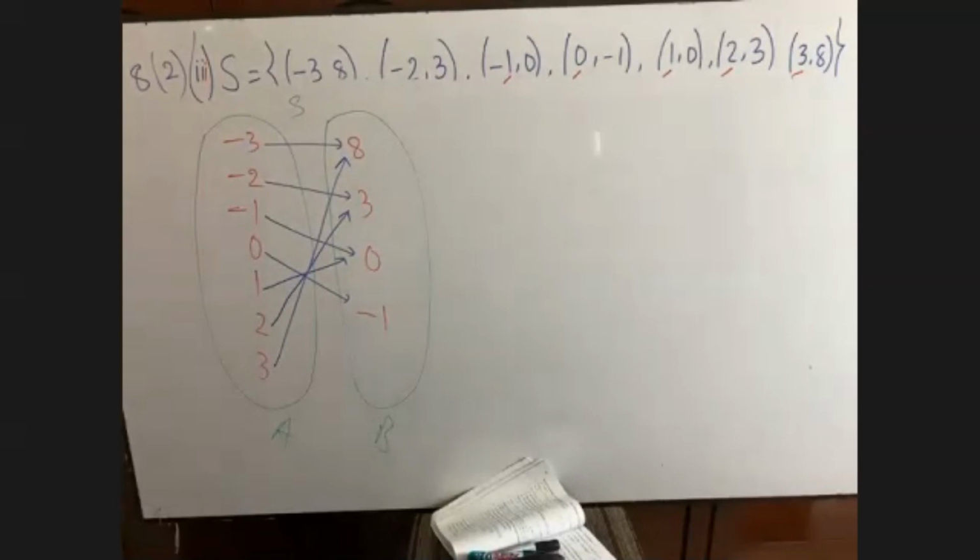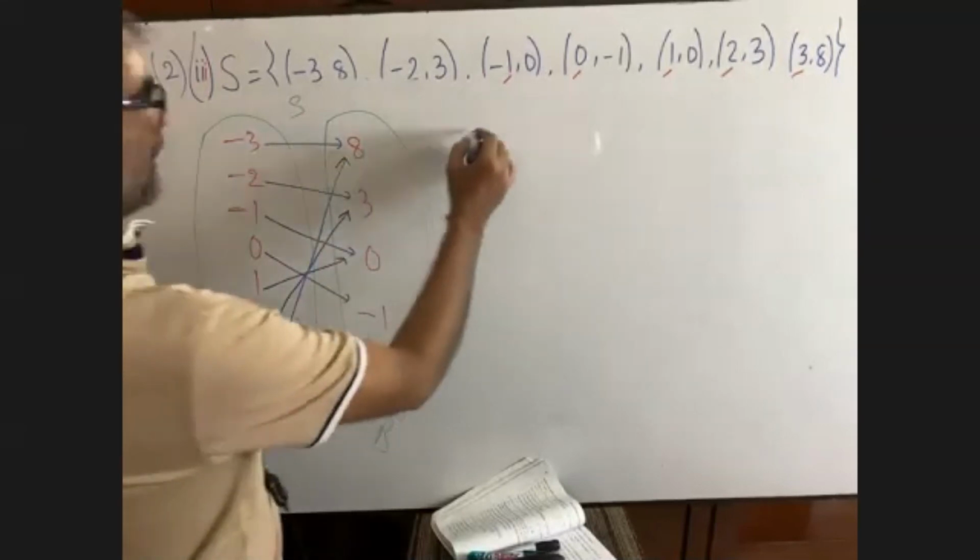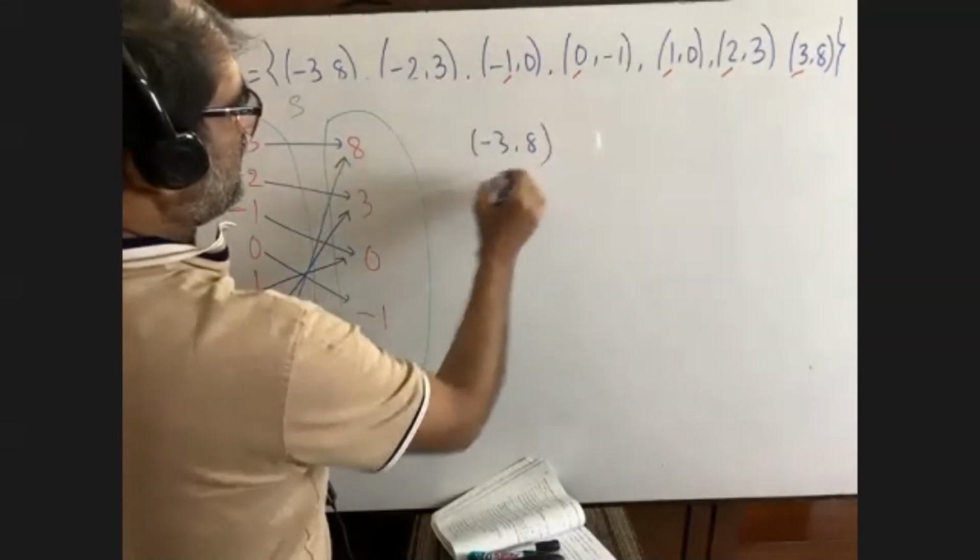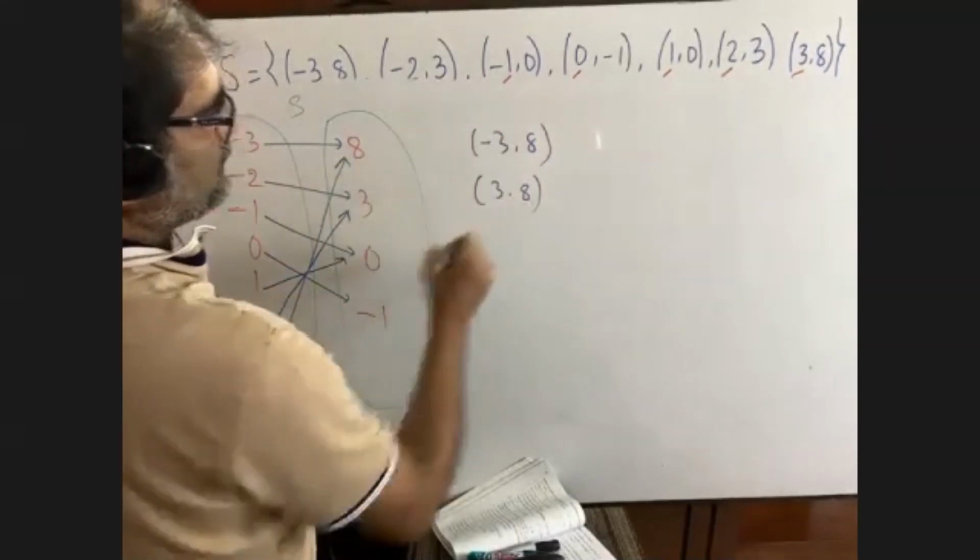So is it a one-one relation? No, sir, it is not one-one. Because you see, for -3 and 3, we are getting 8. We are getting (-3, 8) and (3, 8). What is meant by this?